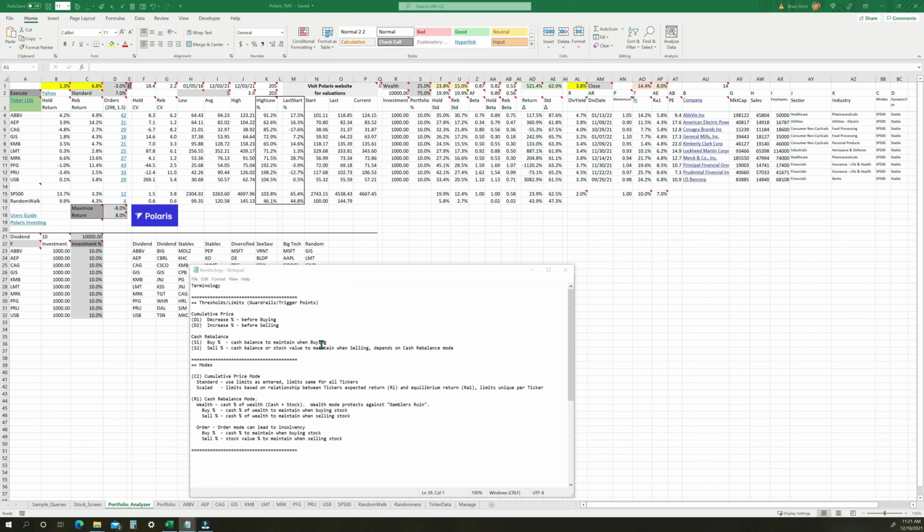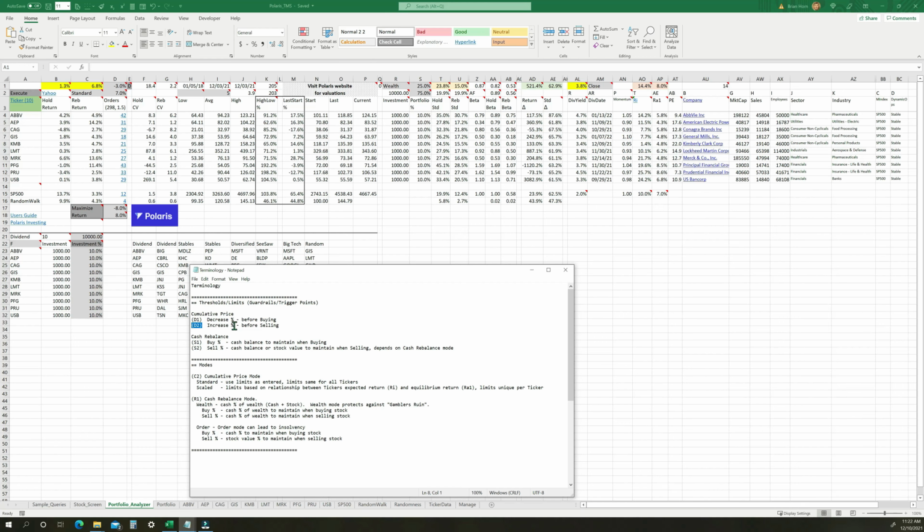Let's look at the two different sets of thresholds separately. One set is the cumulative price changes, cells D1 and D2. D1 is a decrease percent and D2 is an increase percent. Decrease percent is a trigger point resulting in buying stock.